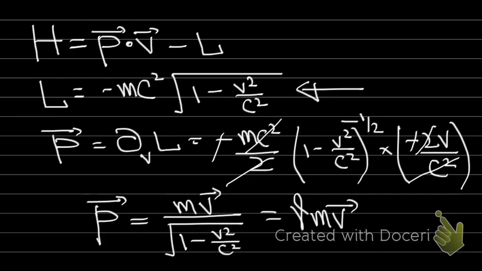So this is the momentum for a relativistic particle. The next task is to put this momentum into the equation for the Hamiltonian. Let's do that on the next page.